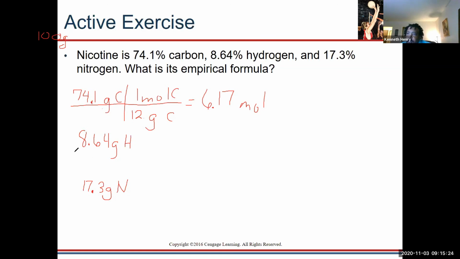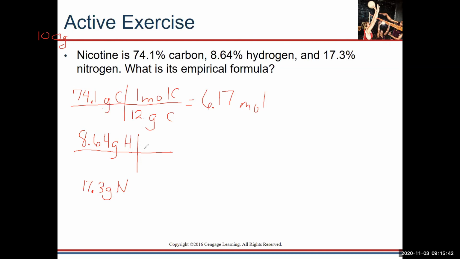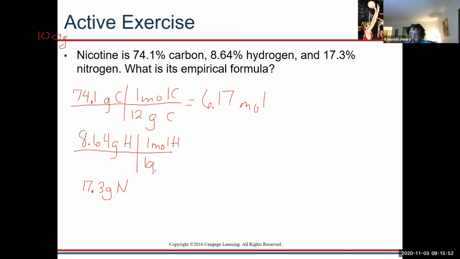Okay, so what about hydrogen? One mole of hydrogen is 1.008 grams. Good job. Okay, I know this is really hard math.